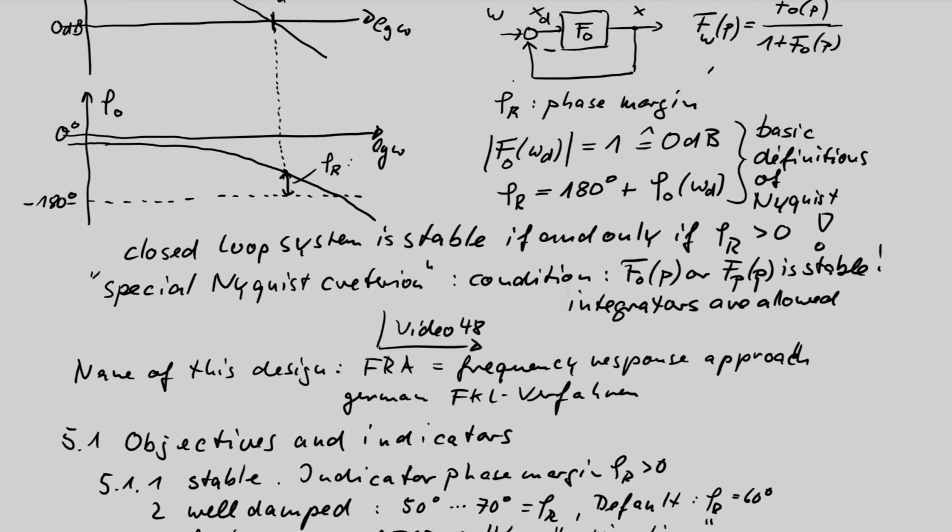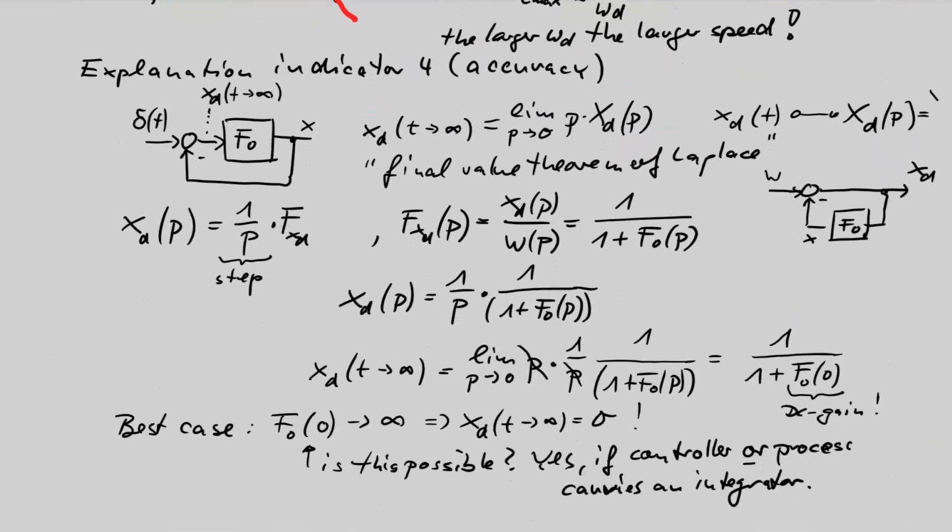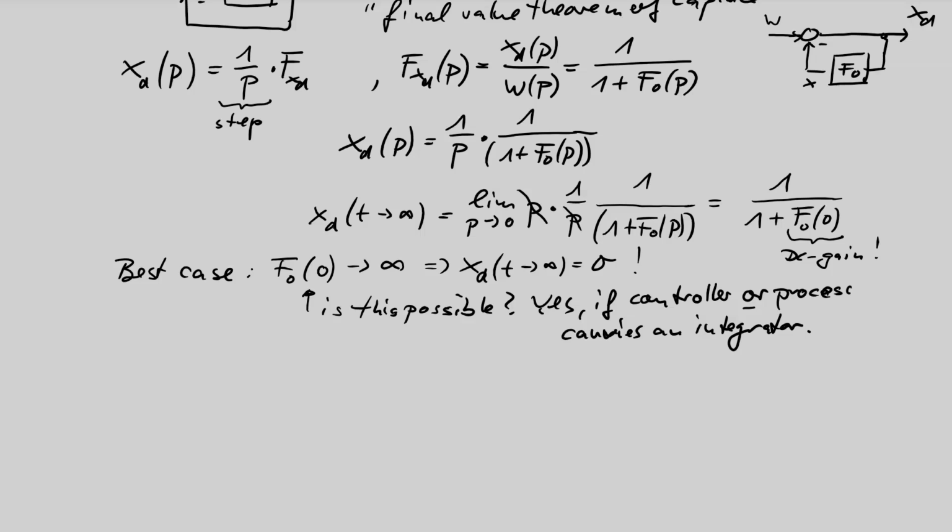We talk about open loop. Where is my open loop? If the process has an integrator, the reference behavior doesn't need an integrator here. One integrator in the open loop is enough for the reference control error to be 0. So very important. This is the indicator for control error. Note this is a control error in the reference case, not in the disturbance case.